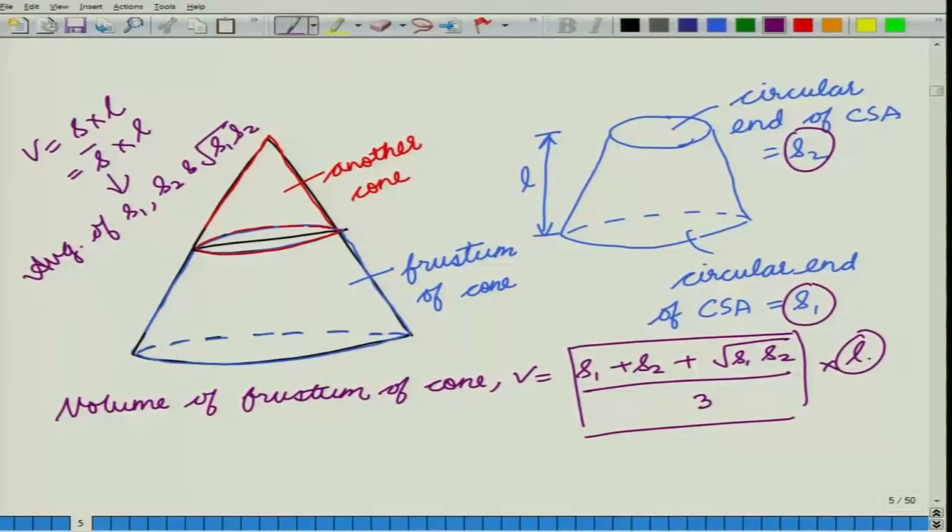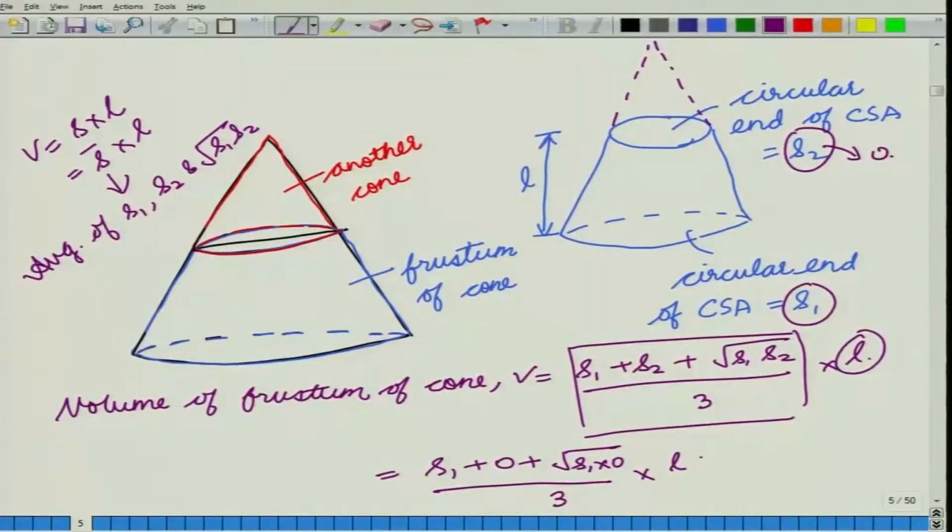Now, incidentally, if we extended this frustum to make a cone again, in that case your S2 will be 0. So, what will be the volume now? Volume will be S1 plus 0 plus square root of S1 into 0, which is 0, upon 3 into L, which will be S1 by 3 into L. So, this will be the volume of the cone.